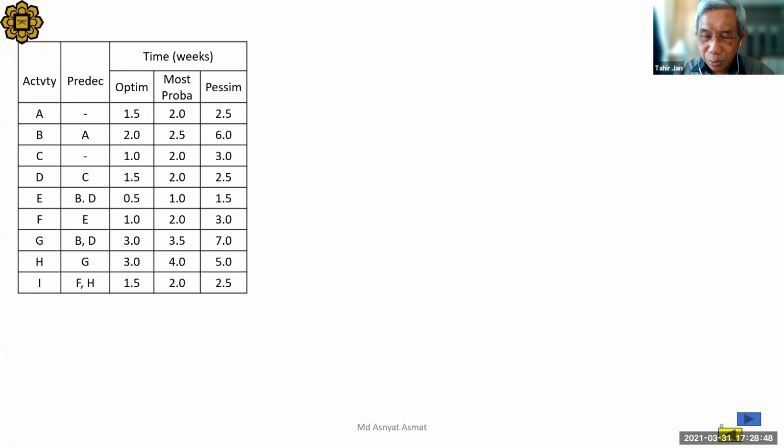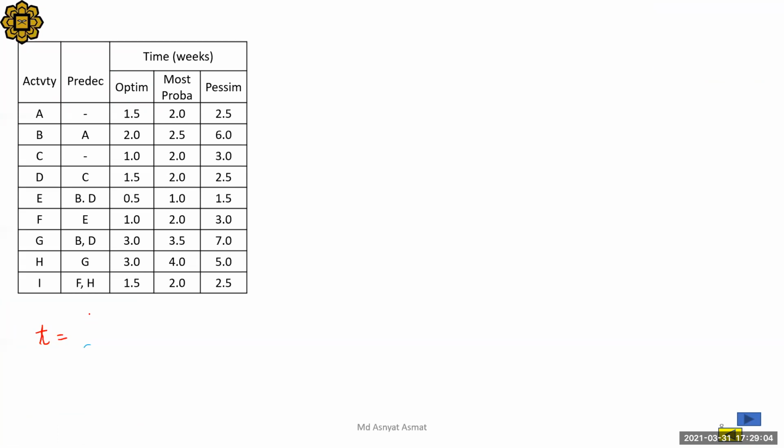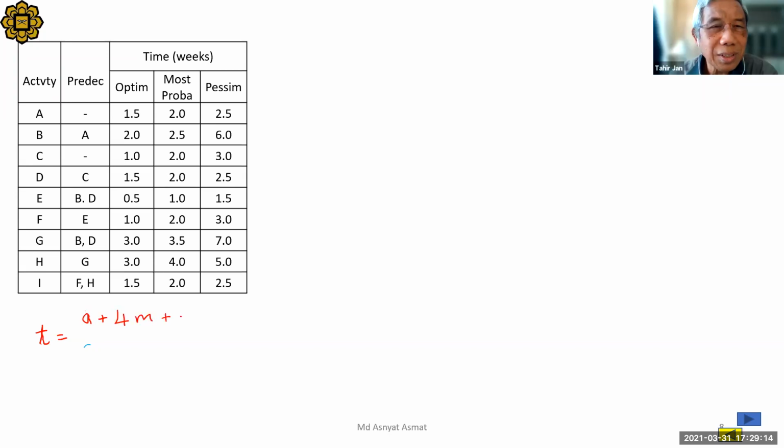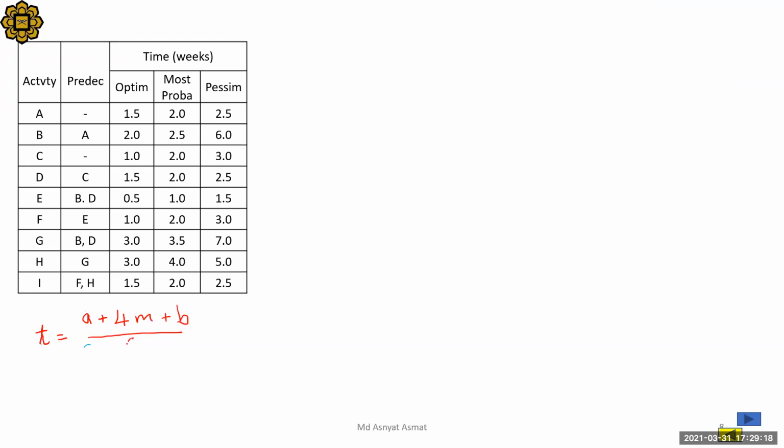The first thing we have to do, find what? Find T, the expected time. What's the formula? Who has a good memory? A plus 4M plus B, then divide by 6.